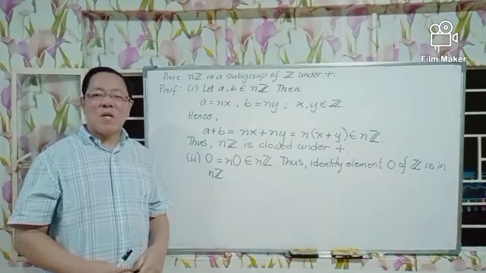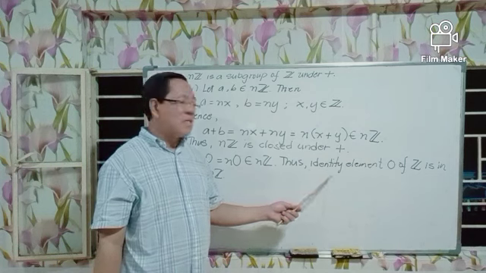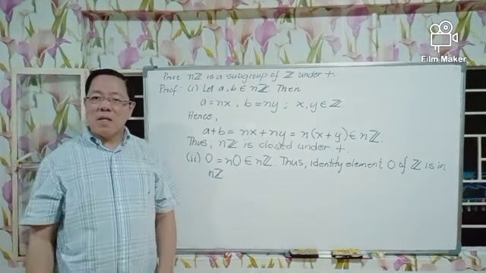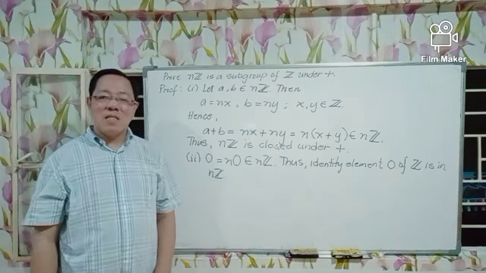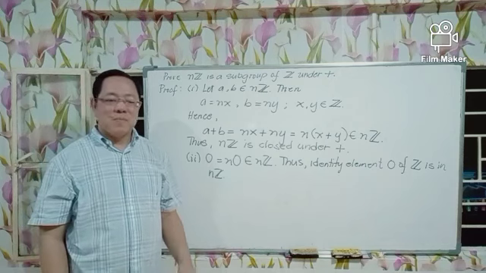In the second property of a subgroup, we thus conclude that the identity element 0 of the set of integers is in NZ. And lastly, we verify that every element of NZ has an inverse, and the inverse is again in NZ.